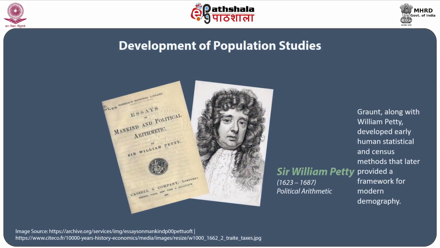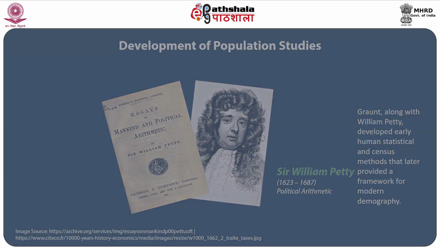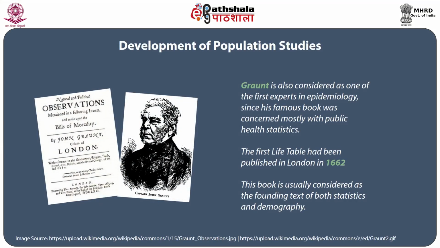Sir William Petty, in the period 1623 to 1687, worked with John Graunt. Petty's work on political arithmetic had considerable influence on the future development of population studies. Graunt, along with William Petty, developed early human statistical and census methods that later provided a framework for modern demography.